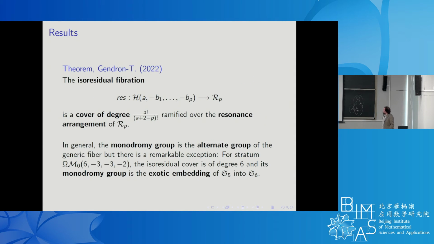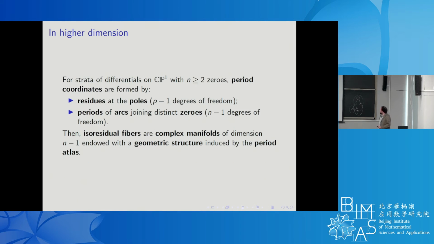So this story can be generalized in higher dimension if we consider strata of differentials with several zeros, when the degrees of freedom in your stratum are higher than the dimension of the space of configurations of residues. And in this case, isoresidual fibers are no longer discrete sets. They are complex manifolds.